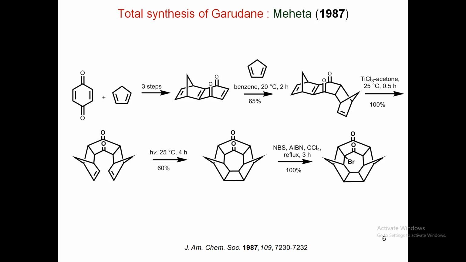Now let's see how we have the synthesis. So we have cyclopentadiene and this hydroquinone, this type of molecule. So it is a cyanophyldiene, 4+2 cyclization is happening and generating this. So let's do the 4+2. What is happening?